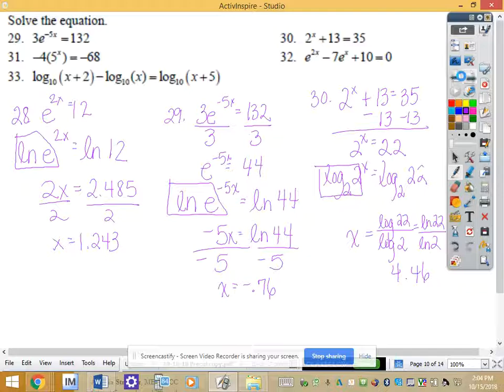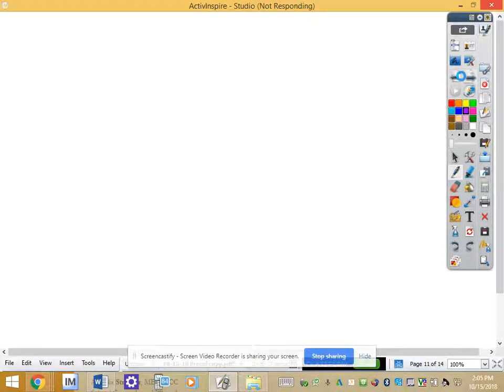Looking at the next couple of problems, as we go through to number 31, again, you have something that has to be moved. You have a negative 4 out front, so you're going to have to move that first. So you need to divide both sides by negative 4, and you get 5 raised to the x is equal to 17.